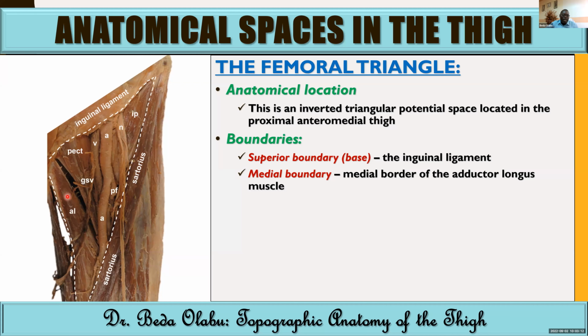This one labeled AL is the adductor longus muscle. This one is pectineus. This one is sartorius. This is the iliopsoas unit. So the medial boundary is the medial border, not the lateral border, of the adductor longus muscle.